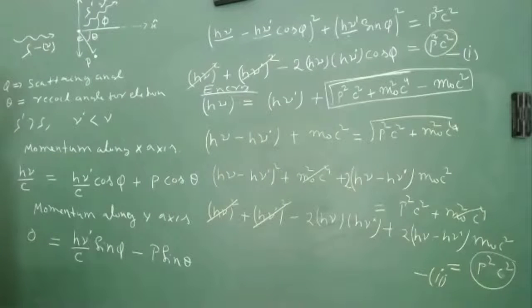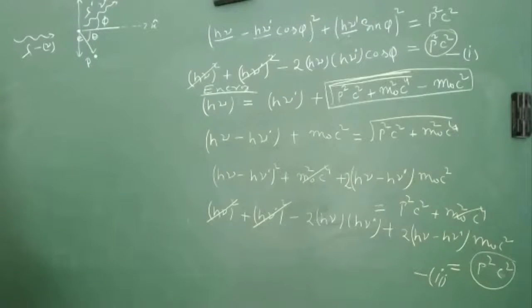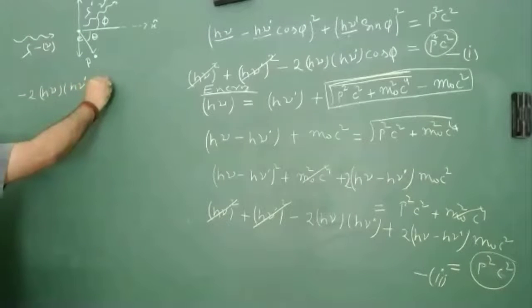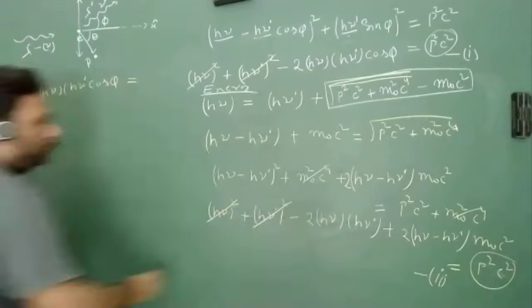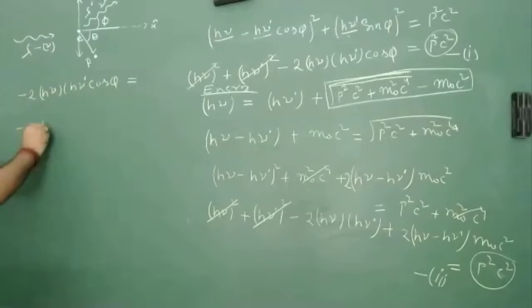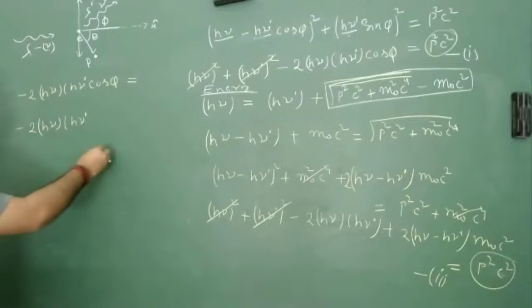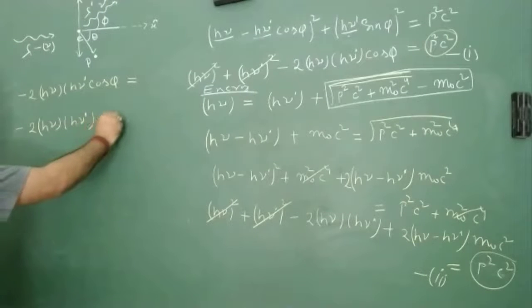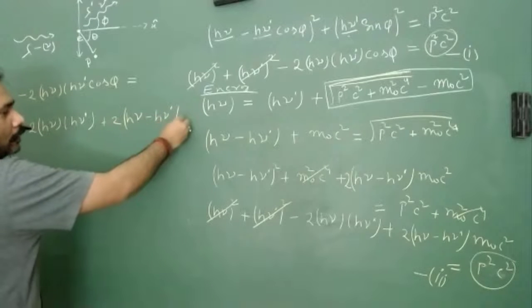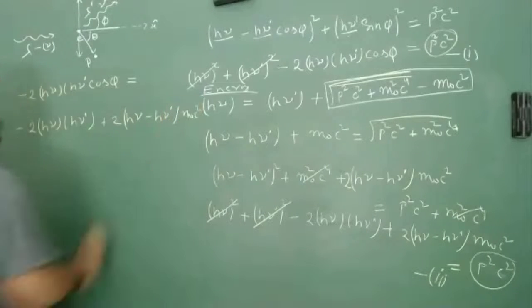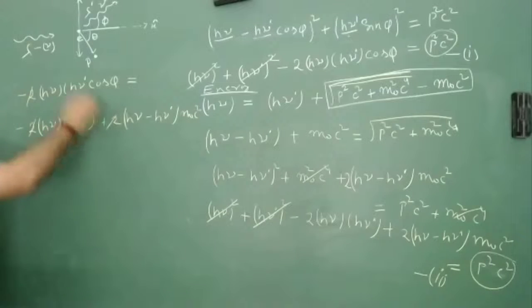What we have is minus 2 h nu h nu dash cos phi must be equal to minus 2 h nu h nu dash plus 2 (h nu minus h nu dash) m naught c square. So again 2 will cancel out from everywhere.